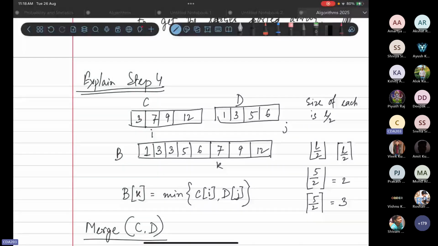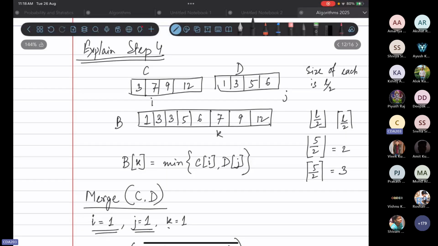I can take 0 as well as the starting index. Yes, just the way I was writing C1, C2, C3, C4, and D1, D2, D3, D4, for that reason I have put all of them initially with 1. But there's no harm if you start with 0 as well.